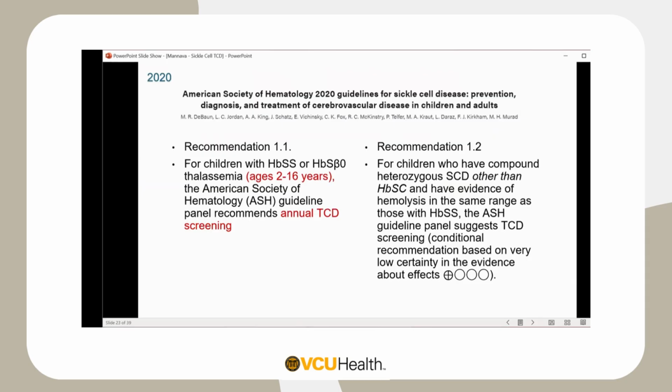Guidelines were created in 2020. ASH released these guidelines to help guide us all in terms of how to care for our sickle cell patients, and definitely for cerebrovascular disease and TCD screening. I highly recommend everybody go and read that publication. It's super useful, so go through the recommendations in the cerebrovascular disease section. You can see here that they recommend annual TCD screening for anyone from age 2 to 16 years of age.